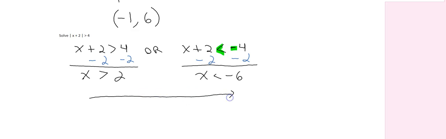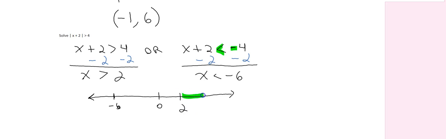So I still have to show my graph. I have a 0. I have a -6 on the left side, and on this side I have a +2. So one of my graphs says x is greater than 2.